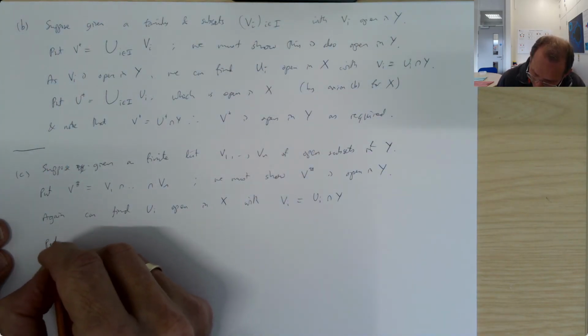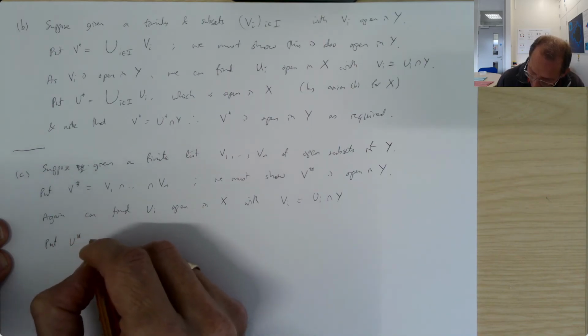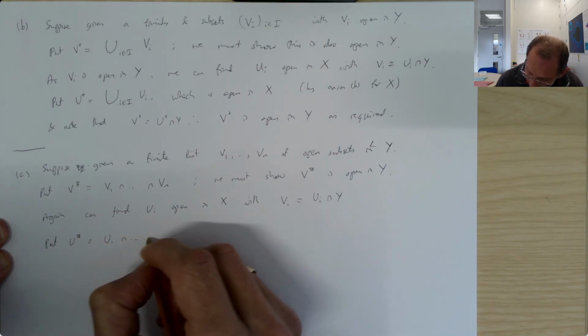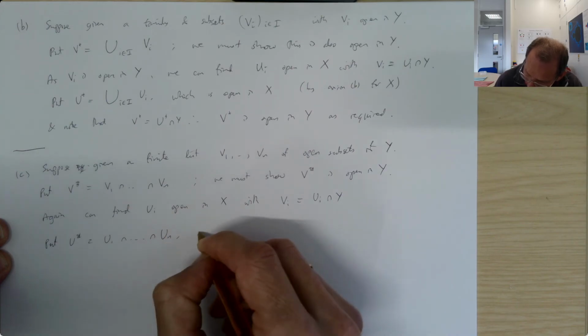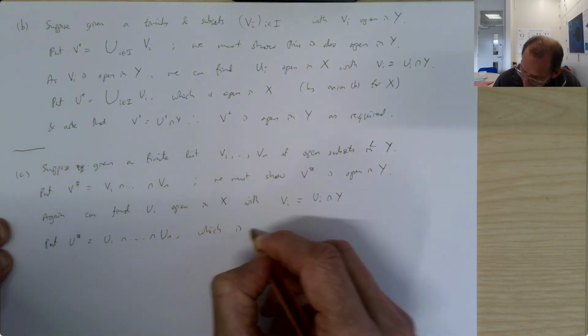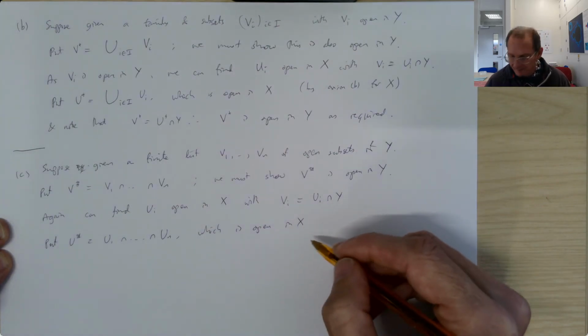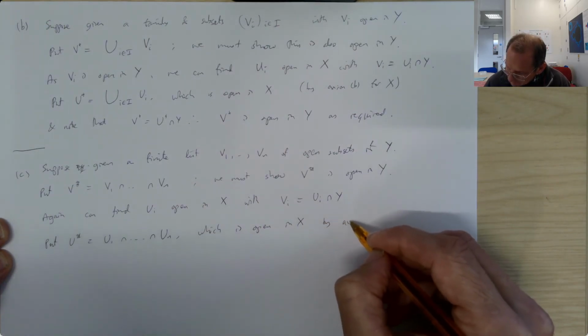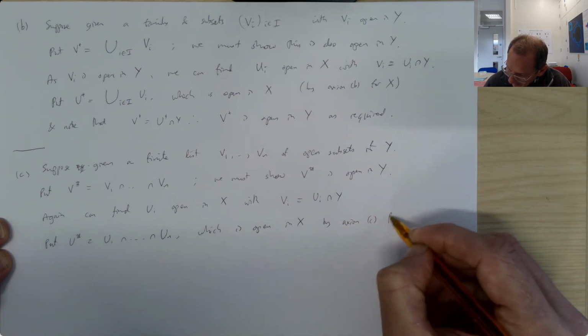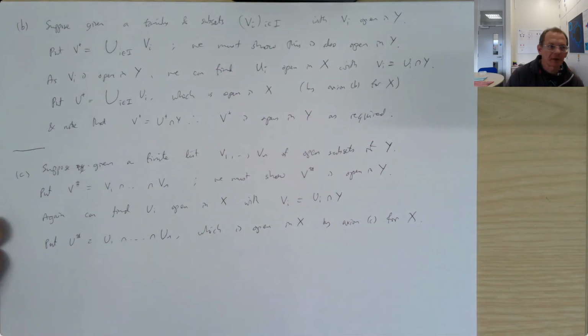And then we put U upper hash is U1 intersect up to Un, which is open in X by the same axiom for X, which we're assuming is true.